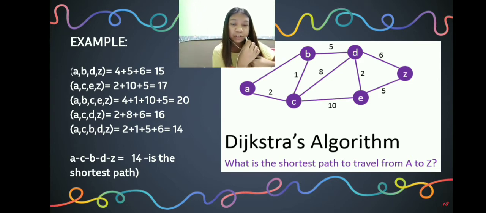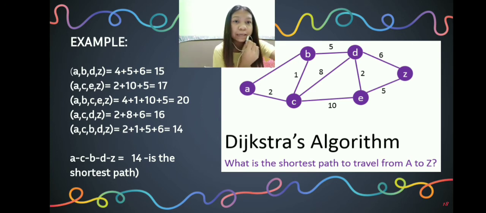So the last one, the fifth, I found the shortest path, the shortest way to go to Z, which is vertex A to C to B to D and to Z.